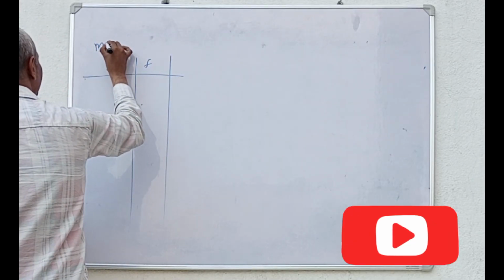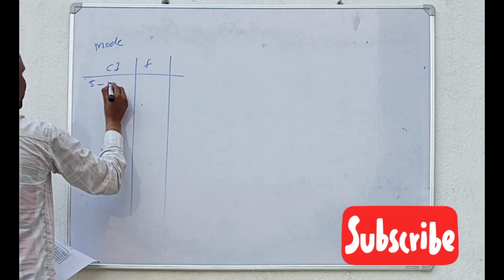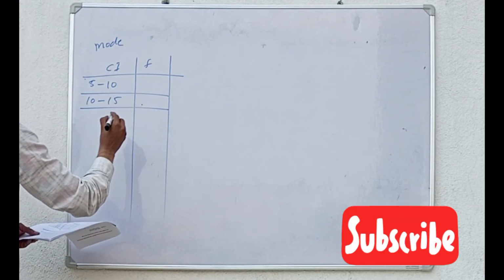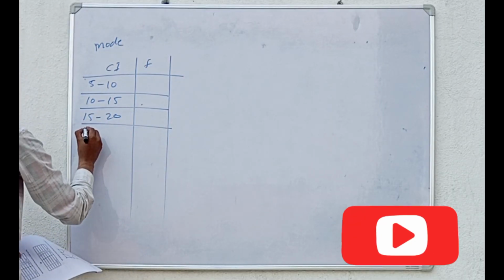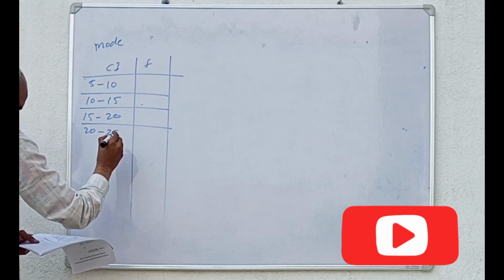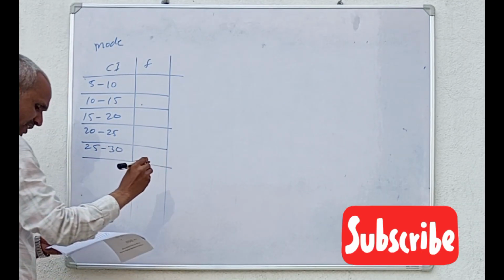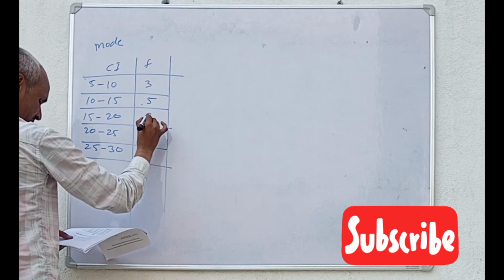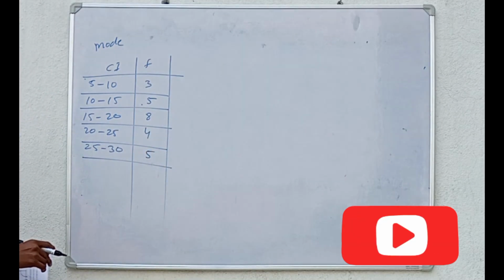Class intervals are 5 to 10, 10 to 15, 15 to 20, 20 to 25, 25 to 30, where the class width H is 5. Frequencies given are 3, 5, 8, 4, 5, and it is asked to find the mode.